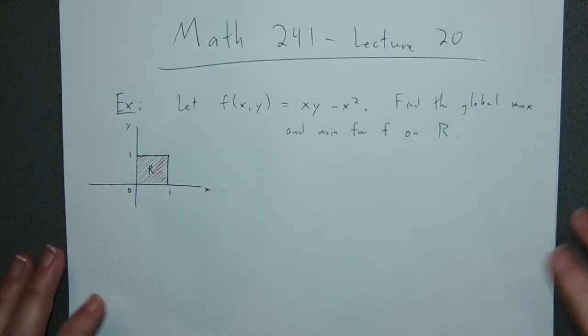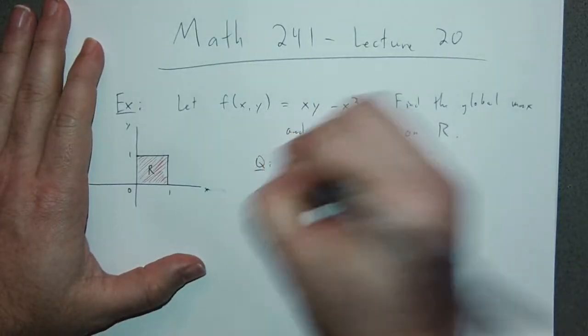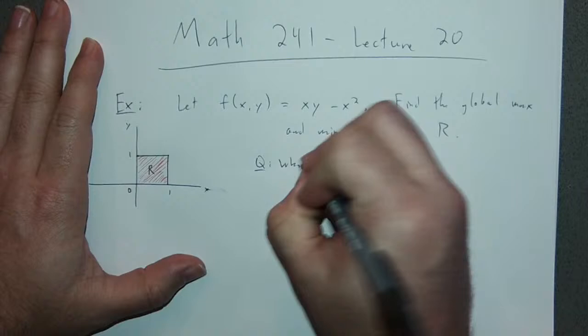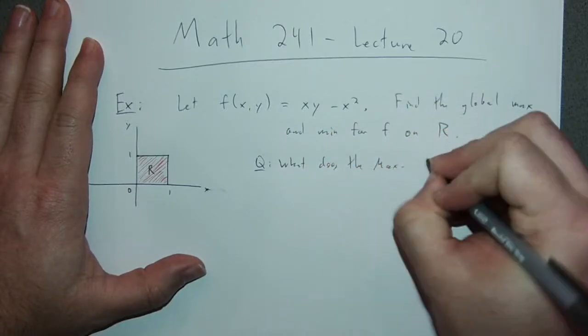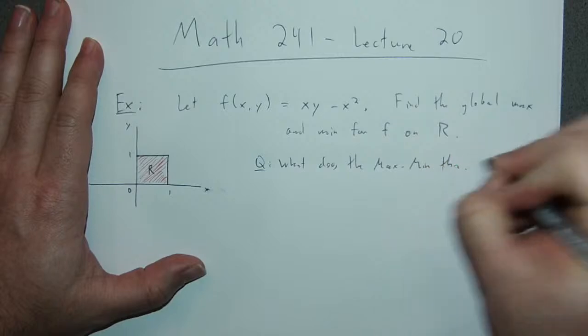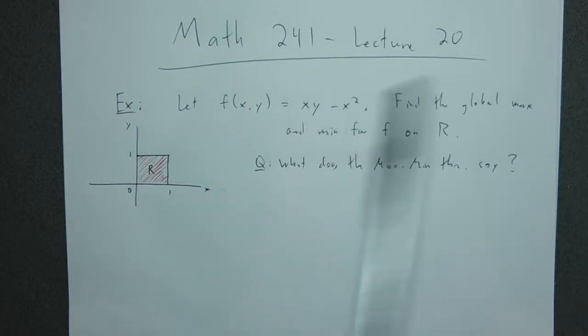Now, there's something to say here first of all. First question, maybe before I do anything: what does the max-min theorem say about this function? Well, this function is xy minus x squared, so it's a polynomial, so it's automatically continuous everywhere on the plane.